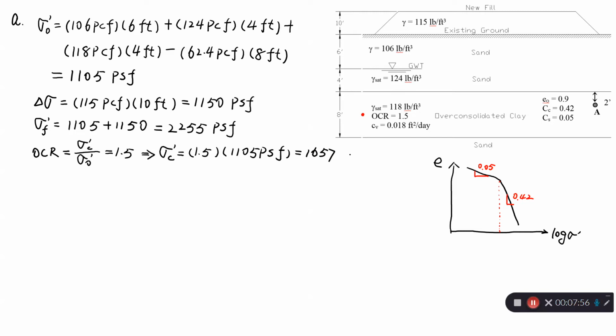Let me verify it: 1.5 times 1105, I got 1657.5 PSF. So here I got my pre-consolidation stress, 1657.5.